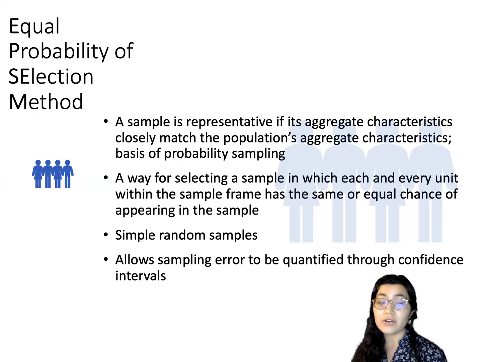You just need to know that because we're systematically sampling in this way, we can ensure that sampling error can be quantified through confidence intervals. And we'll get more into what exactly confidence intervals are in the rest of this lecture.